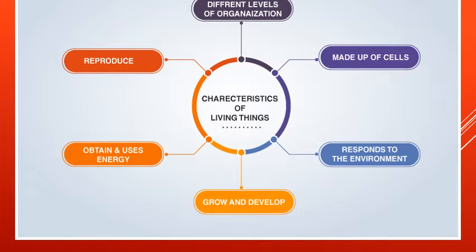And one very important thing, they are all made up of cells and they have different levels of organization. So now in this chapter, in this video, we are going to study the composition of living things, that is, what makes up the living thing.